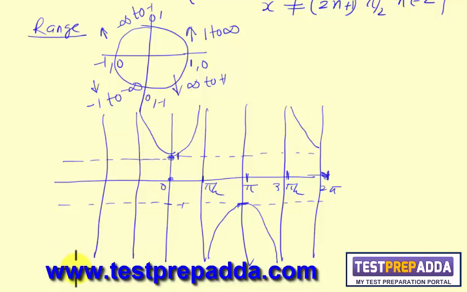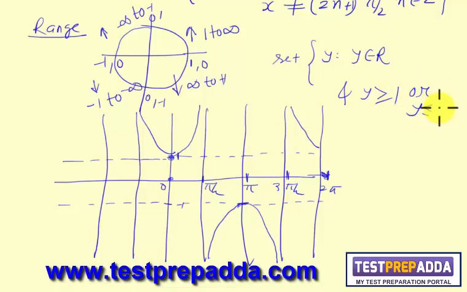Now, here the range can be defined. Range can be defined as a set of y. y belongs to R and y greater than or equal to 1 or y less than or equal to minus 1.